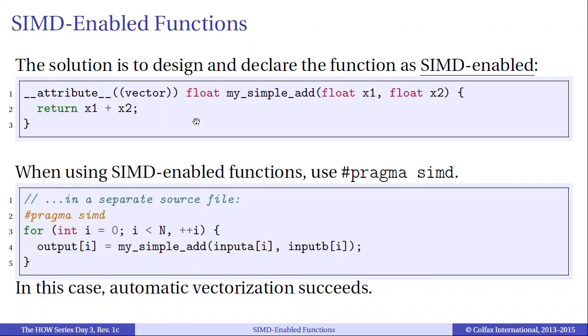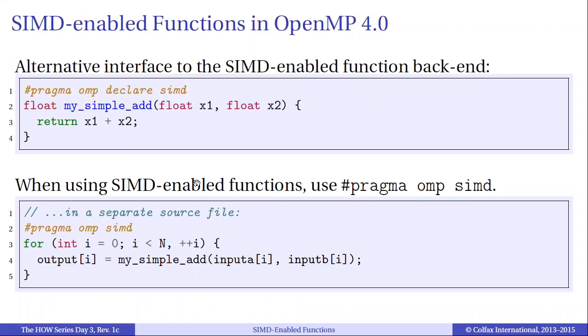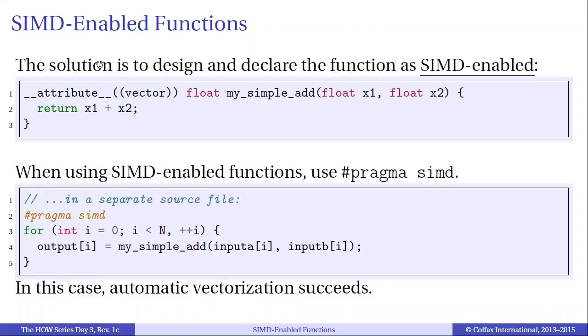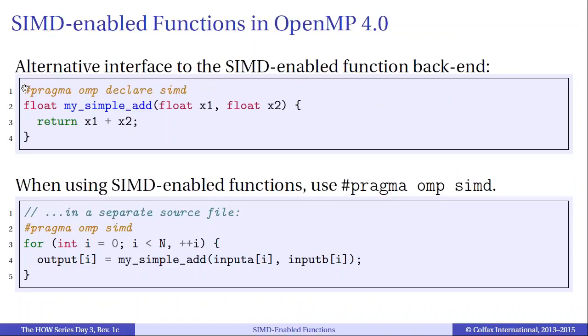And as I mentioned, SIMD-enabled functions can be declared with this Intel proprietary syntax, or if you want to be dealing with a cross-platform standard, you can use this syntax, pragma omp declare SIMD. This is an alternative interface for the same backend.